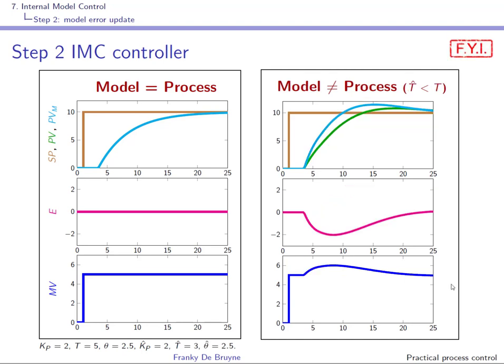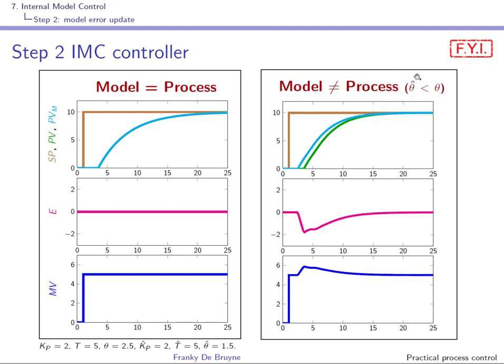In the following slides that I will leave for your information, we have cases where the step 2 IMC controller is used with the model correct except one parameter. In this case it is the time constant, and in this case it is the delay.